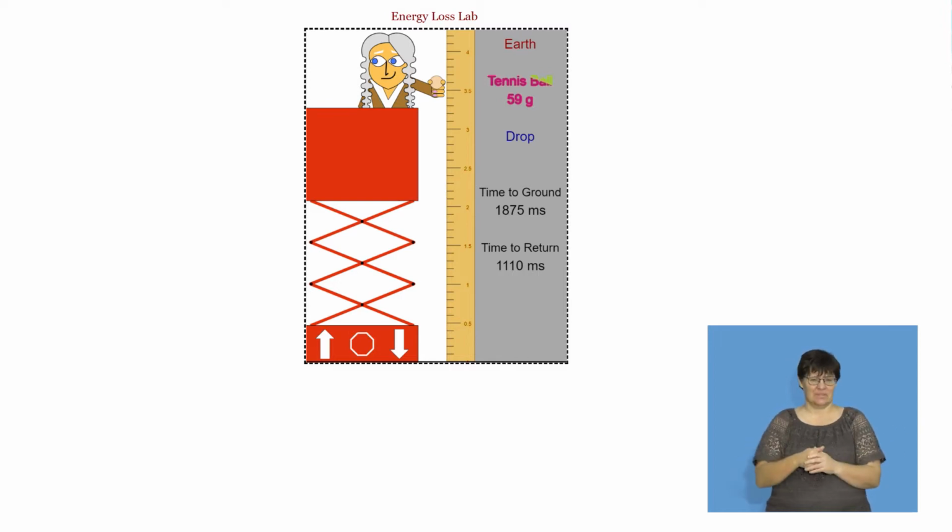That's not why we're doing this. We're going to look at the potential. So now I have a tennis ball, which is 59 grams. So I'm going to drop the ball. There we go. The ball drops, and then it bounces, and it stops at 2 meters.